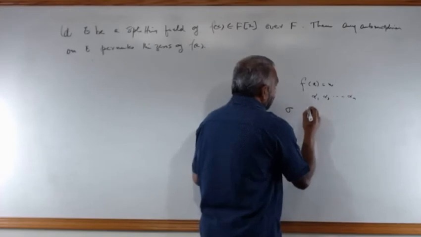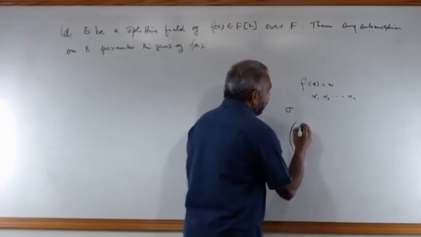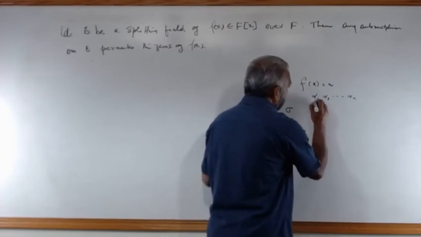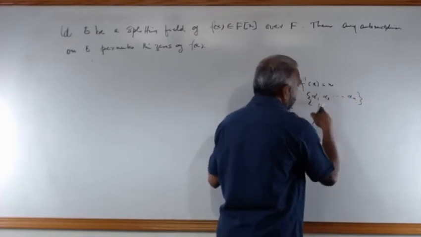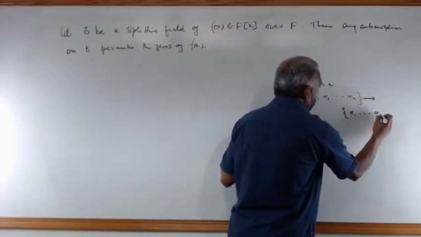Meaning, what is a permutation on this? It's a bijective map from this set to the same set.